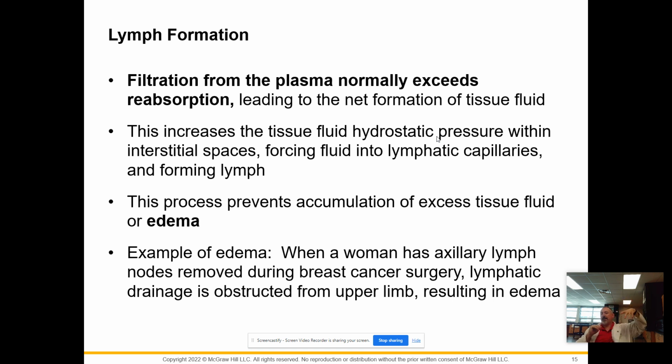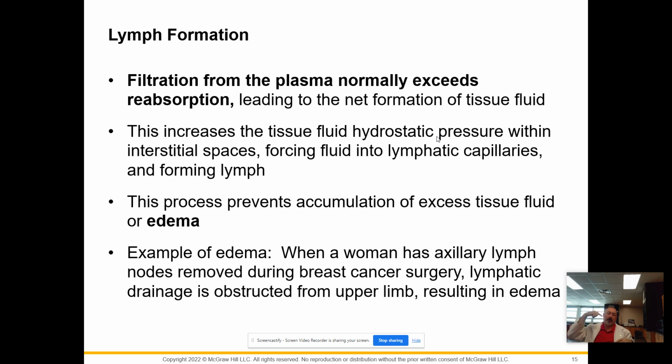We know that it's 16 downstream on the venule side, so a lot of it's being reabsorbed. But that interstitial fluid is under an amount of pressure. The amount of pressure in the lymphatic capillary is less, and so it has a natural tendency to move into that capillary.